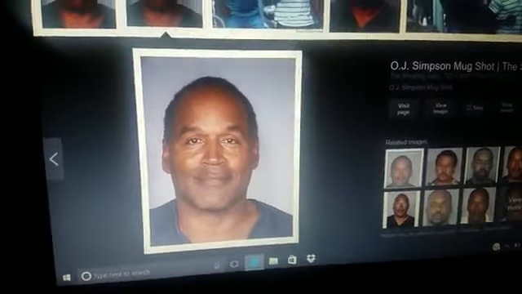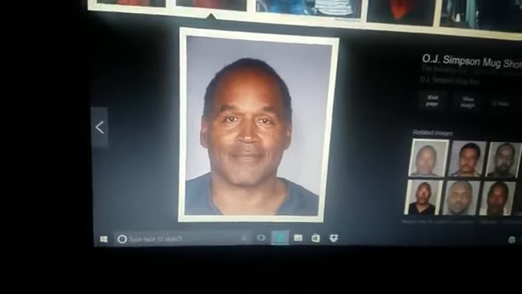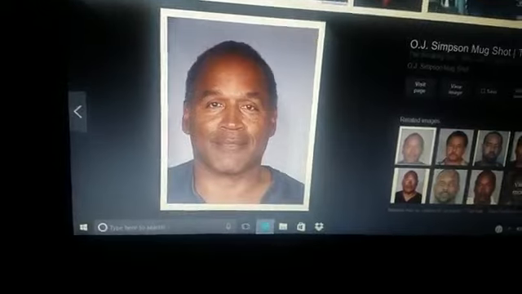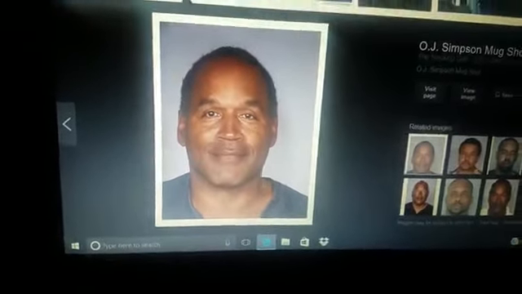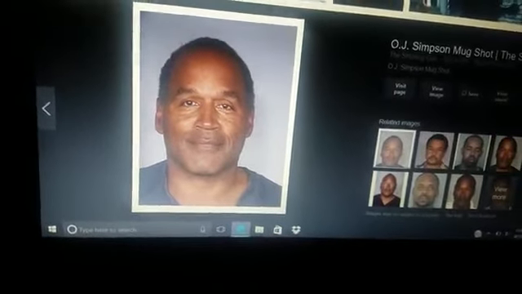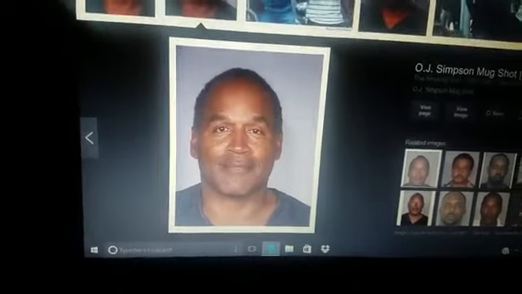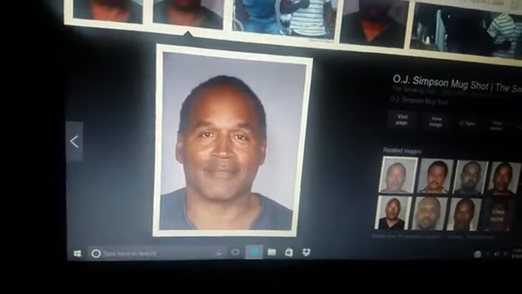Also, when he was incarcerated for the first time, he was sentenced to a 33-year sentence. 33 is a tribute to the Freemasons. He was fined $33 million. Are you kidding me? $33 million Freemasonic tribute.